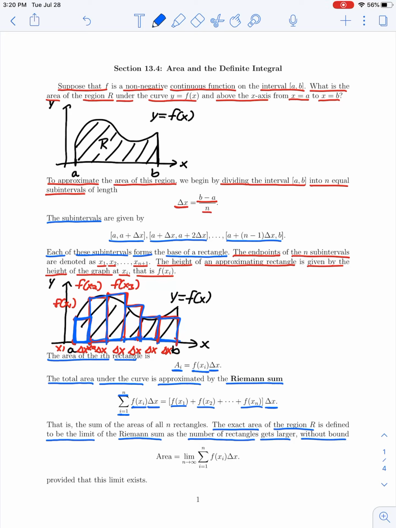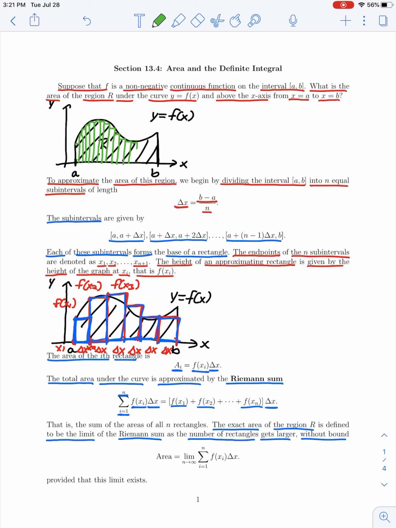So we can see from our figure here that by using these rectangles, we get an approximation for the area of our region of interest, but it's not exact. However, if I were to use a lot of rectangles that have very thin width, then I see I could fill in my shaded region R much more precisely.